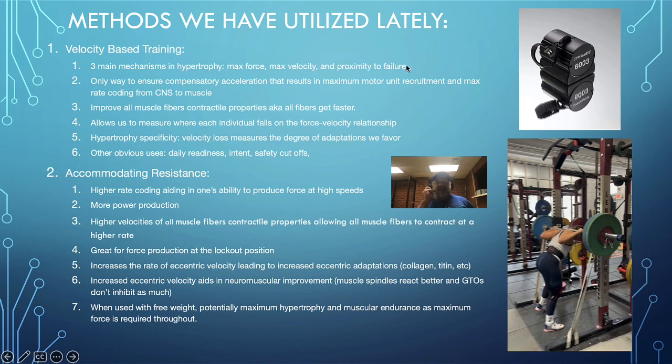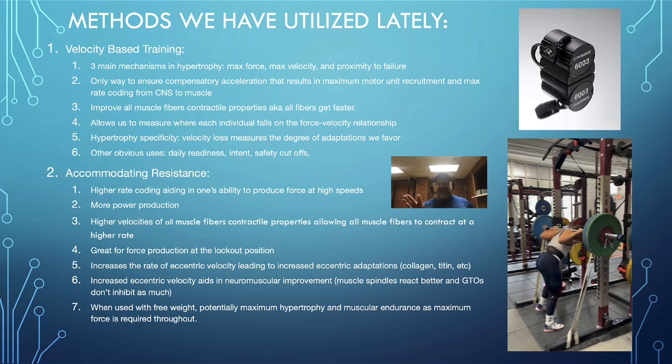So maximum force, that's an easy one. You don't need anything to tell you that you're at maximum force because you're going to push it as hard as you can. It's going to slow way down. But max velocity, knowing that with every rep, I am pushing it at max velocity. The only way to know is to know how fast it should be going based on past data or based on your own personalized data.